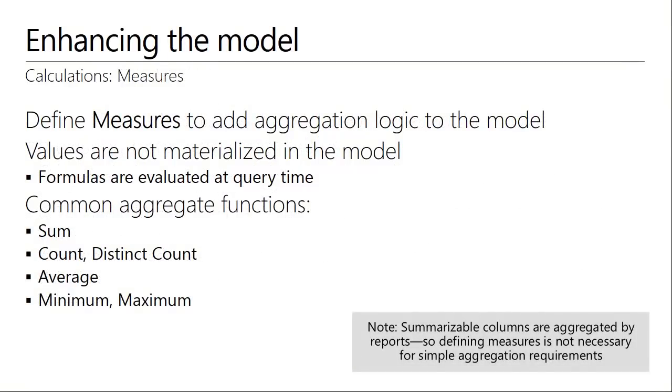And measures define aggregation logic in the model. In contrast to calculated columns, the values for measures are not materialized or stored, they're computed and evaluated at query time. Common aggregate functions used by measures include sum, count, distinct count, average, minimum, and maximum.